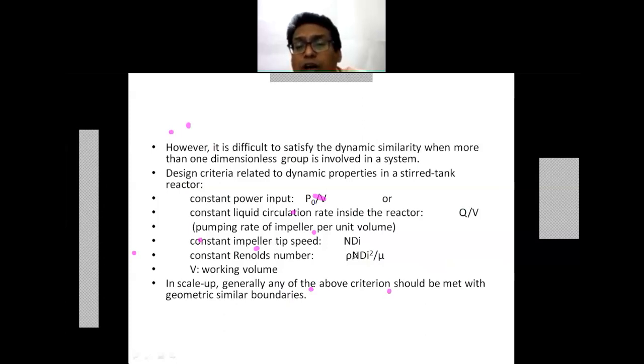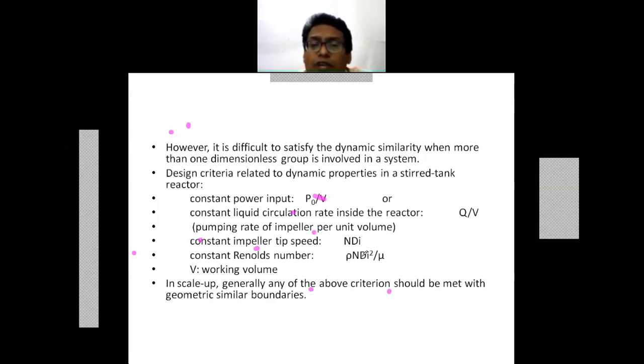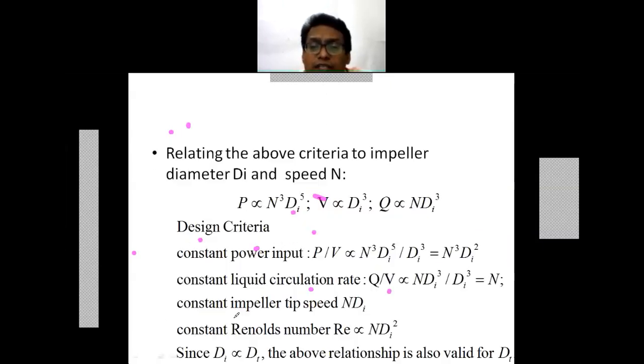However, in the case of agitation, this Reynolds number is Di square into N. Now Di square, instead of D u rho upon mu, it becomes Di square N rho upon mu. So this modification of N into Di gives me the movement of the fluid, that is the constant impeller tip speed, which is nothing but N into Di.